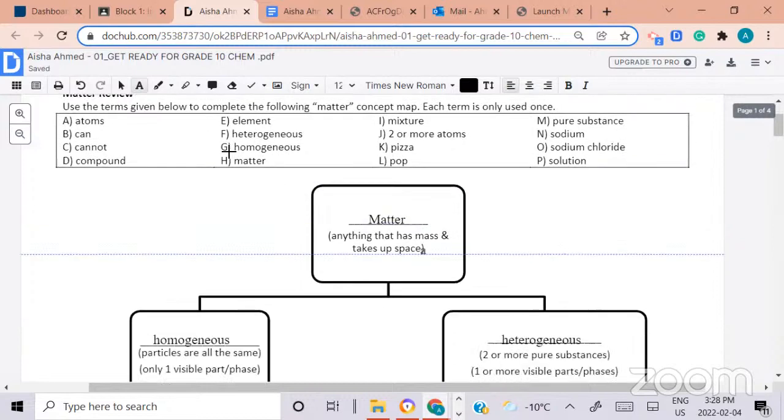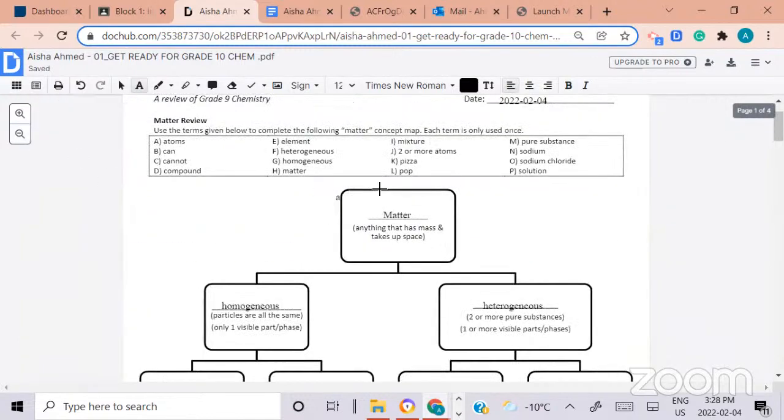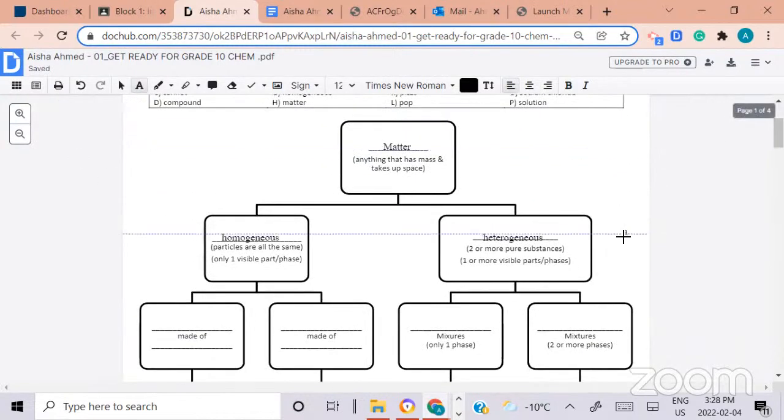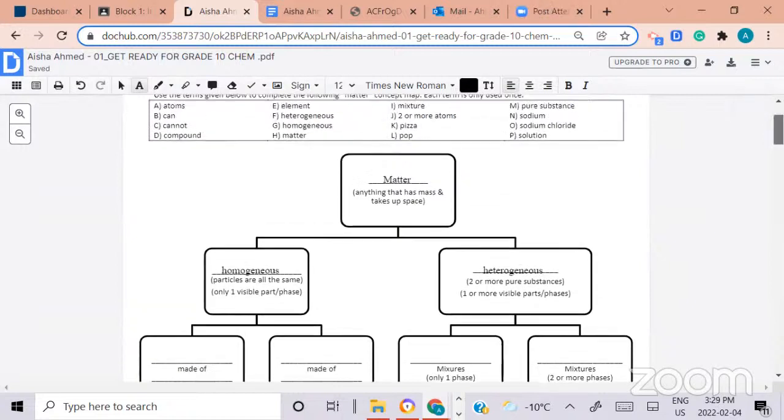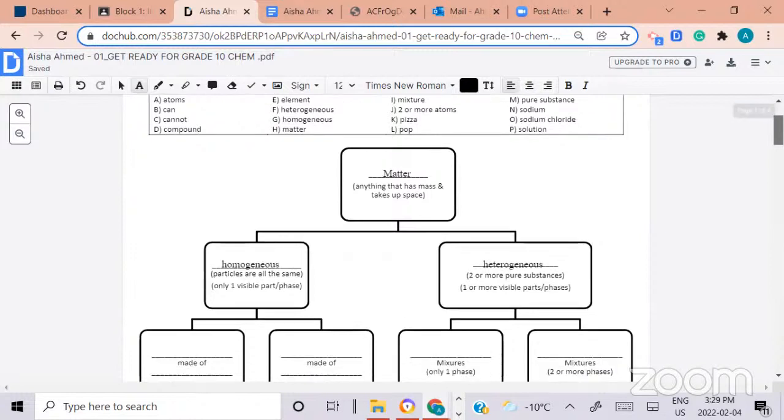Okay, so now we have to break each of those categories into two different examples, I think. So let's say homogeneous. Let's start on the left. Homogeneous, something made of blank. There are two categories of homogeneous things.